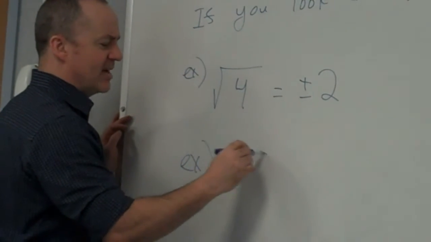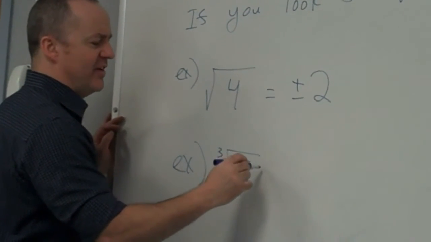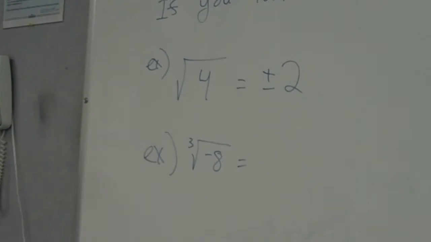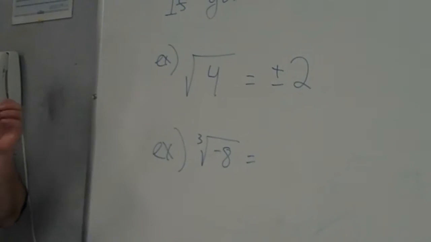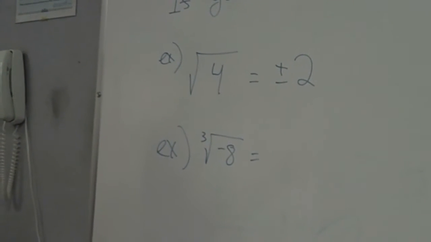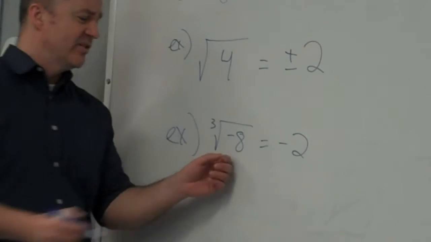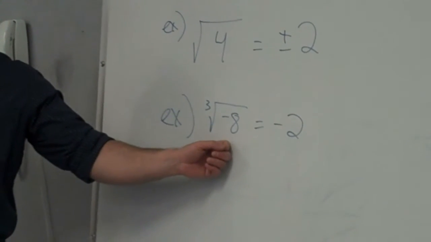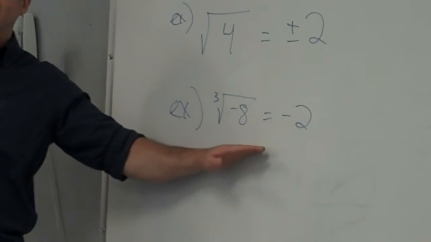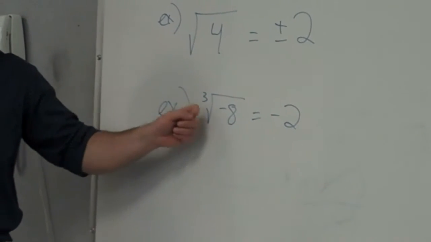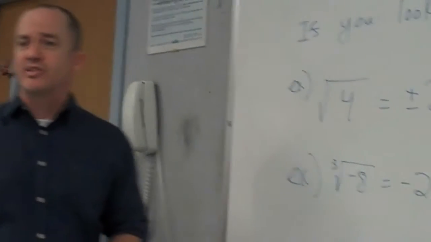You've been taught, for example, that the cube root of -8, you say what single number, when multiplied by itself 3 times, gets you -8? Negative 2. And negative cube roots aren't a problem, because negative times a negative is a positive, times another negative gets you a negative again. So the cube root of -8, you've been taught, is just negative 2.